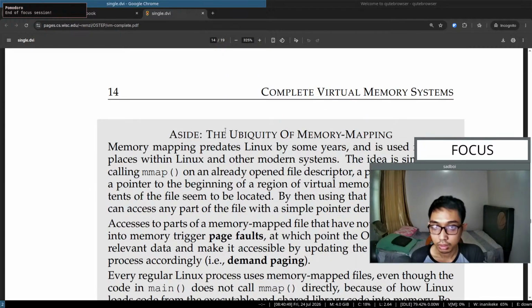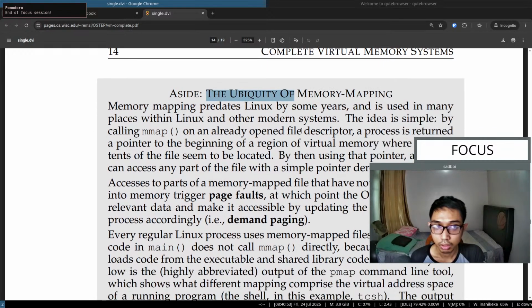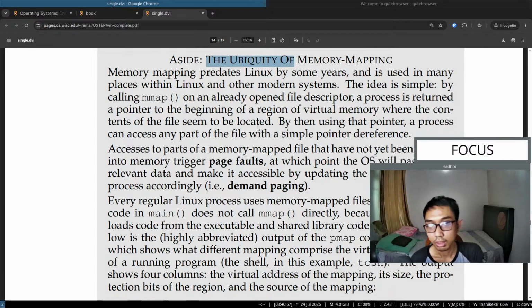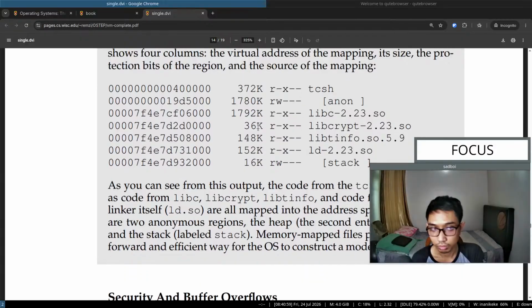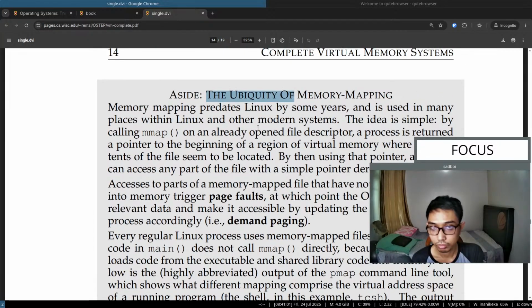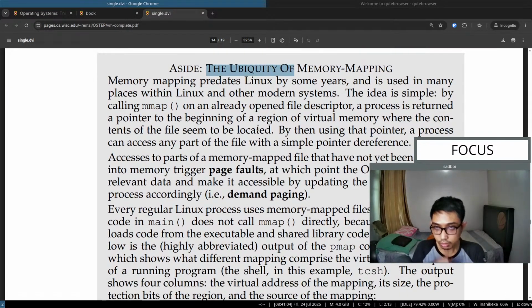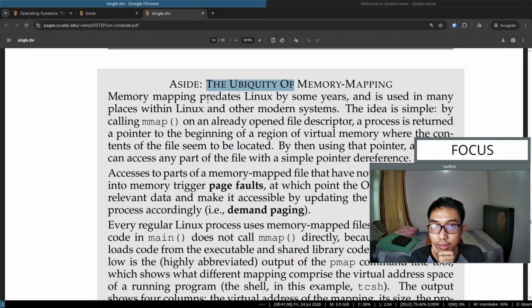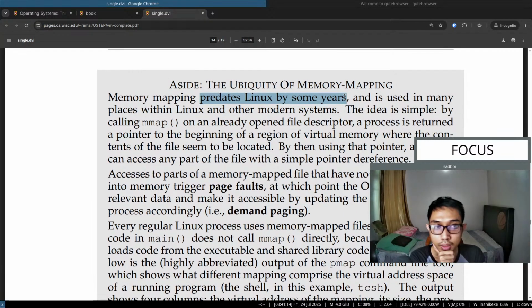Okay. Aside, the ubiquity of memory mapping. Memory mapping predates Linux by some years and is used in many places within Linux and other modern systems.